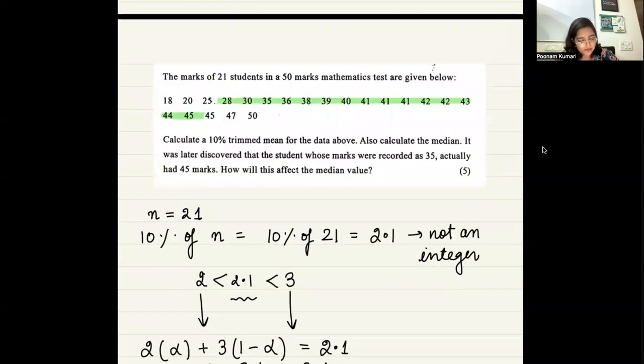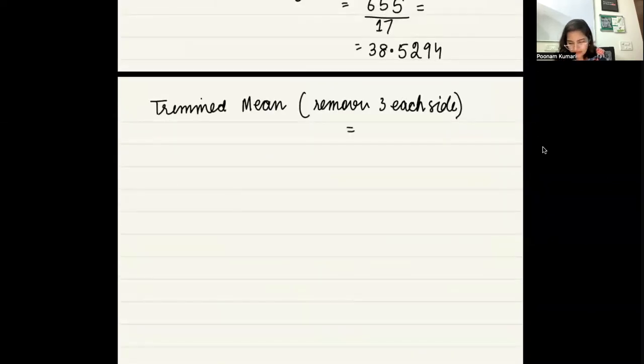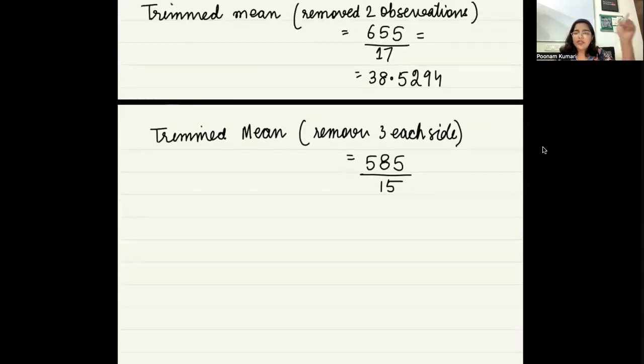You remove basically 60 and 70. And then you divide it by what? Earlier you had 17 observations, now you have 15 only, because you removed 3 this side, 3 that side. So 6 are removed. So what is that? 39, right?